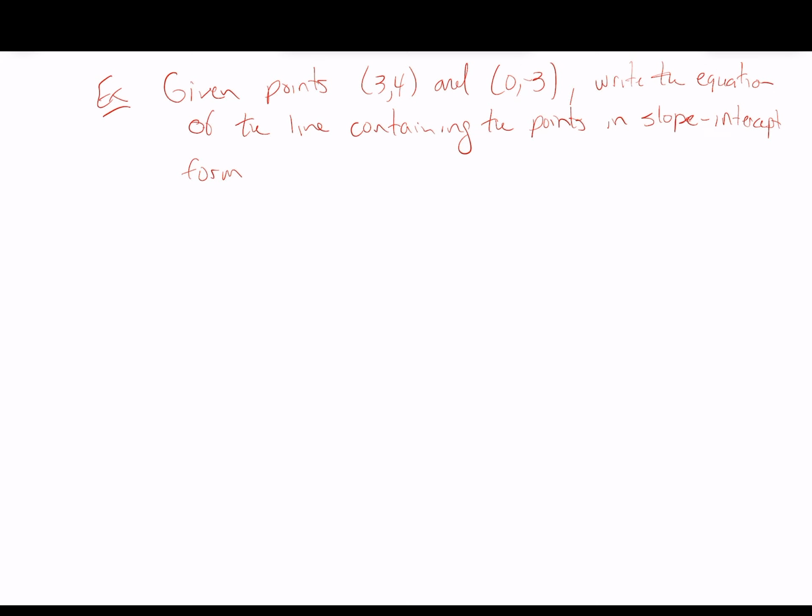We have the formula for slope, and we have the point-slope formula, but the point-slope formula requires a point and the slope. Well, we can find the slope using 2 points, which we have. Again, that formula is m is equal to y2 minus y1 over x2 minus x1.